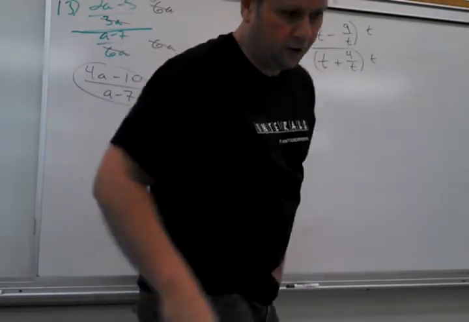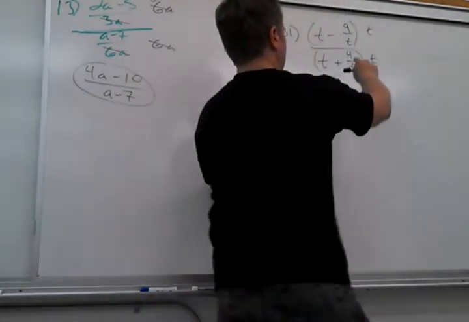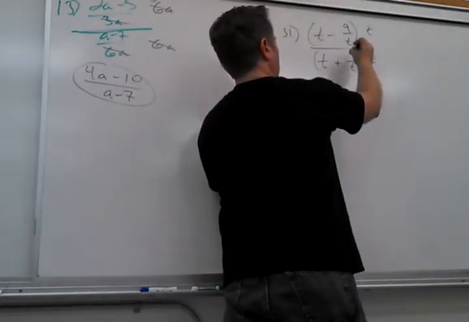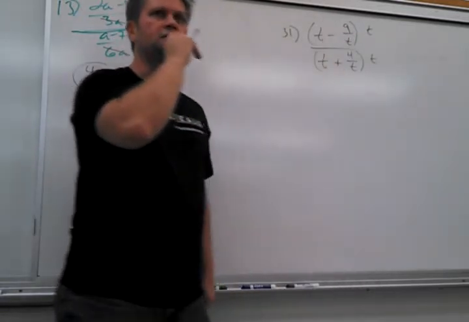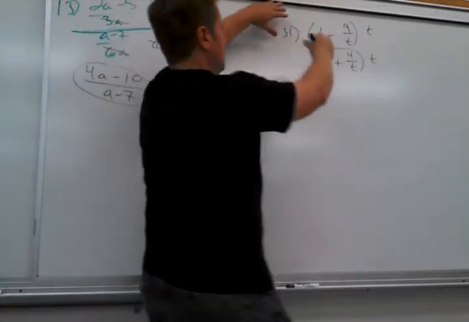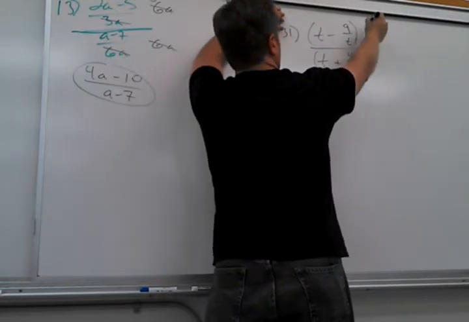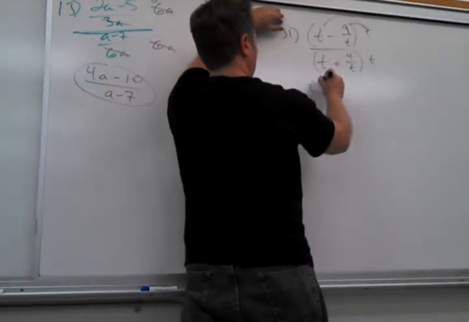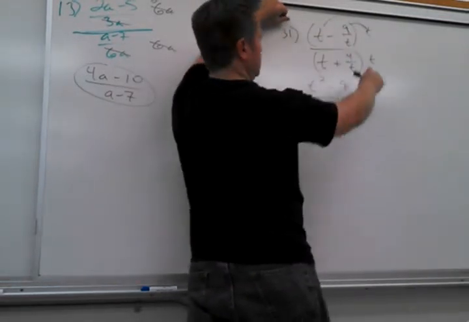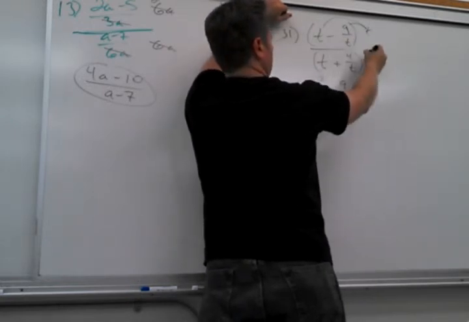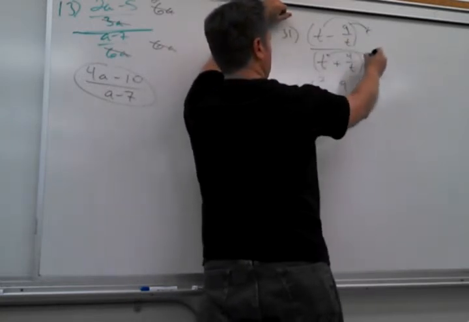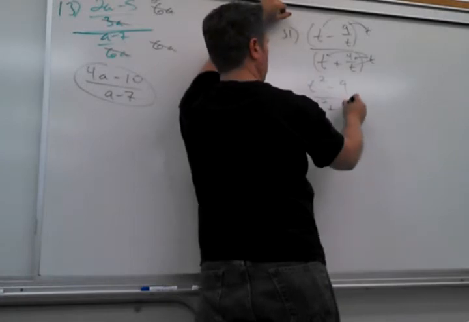Now let me help the book out a little bit. Make that 4 a 3. No, don't worry about that. I'll do that later. Leave that 4 alone. So what do you got on top? T squared minus 9, because here the T's would cancel. And T squared plus 4.